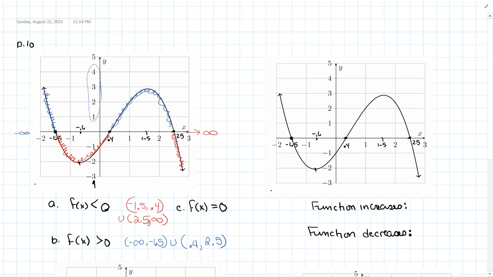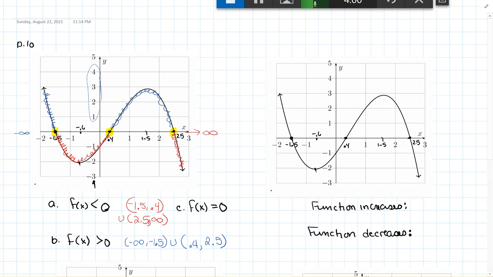For letter C, we want to find the x's where f of x is equal to 0. So this would be where you are on the x-axis. Let me get a different color. So I'm on the axis here, here, and here.